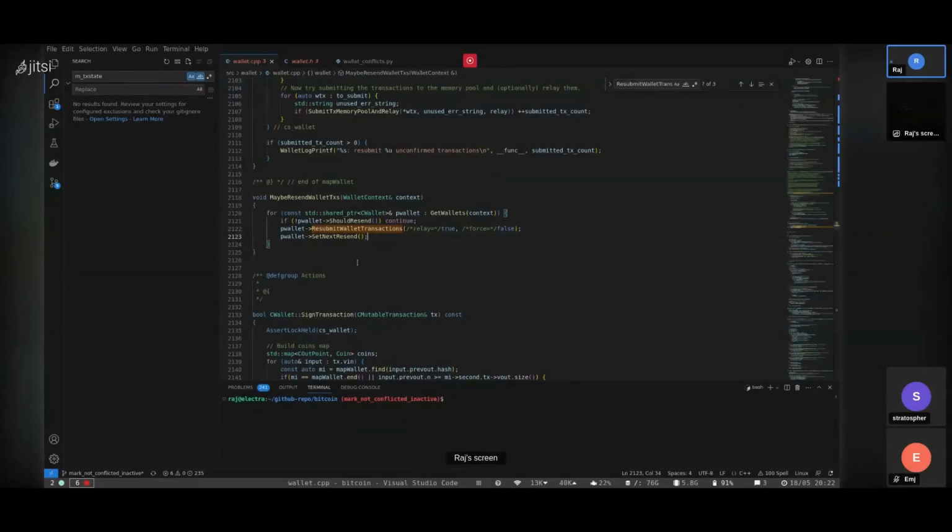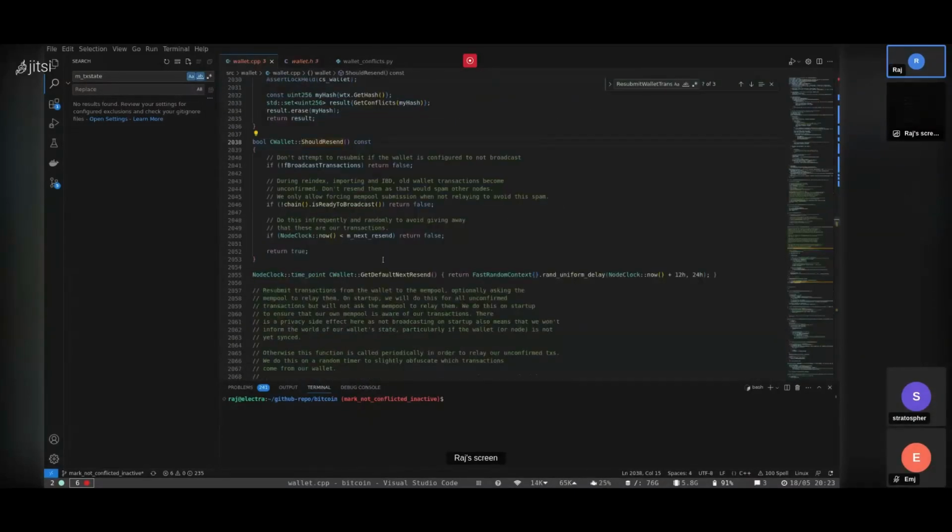And after some time the wallet basically checks whether all its transactions are in the mempool or not, and there is a flag called should resend, which returns true if all conditions for periodically resending transactions are met. So there is the broadcast transaction flag, the chain is ready to broadcast, and the node clock has to be more than the next resend time.